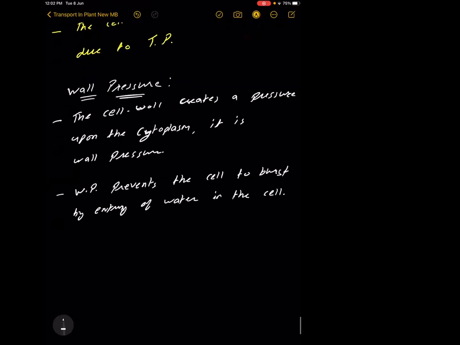That is WP. Now turgor pressure and wall pressure are equal and opposite in direction.